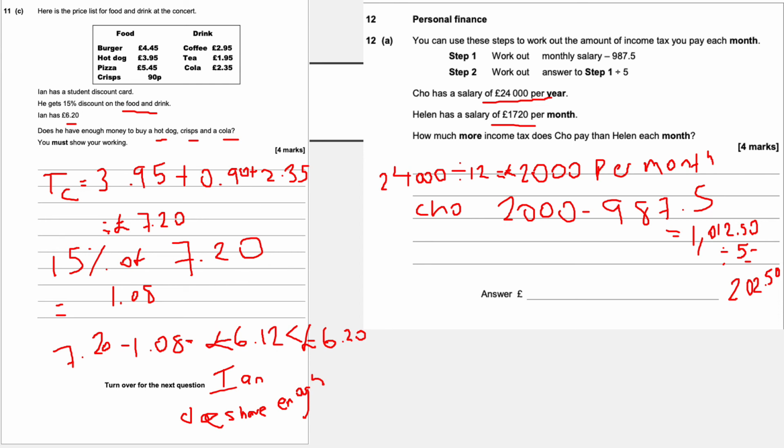And now let's work out Helen. So let's just change colour. So for Helen, Helen is going to be 1720 subtract 987.5.